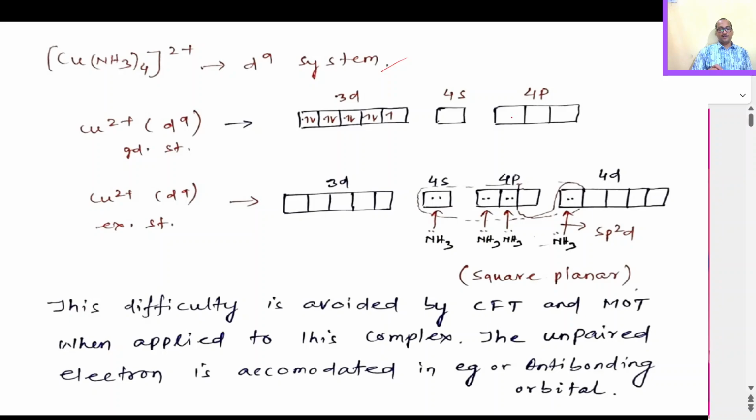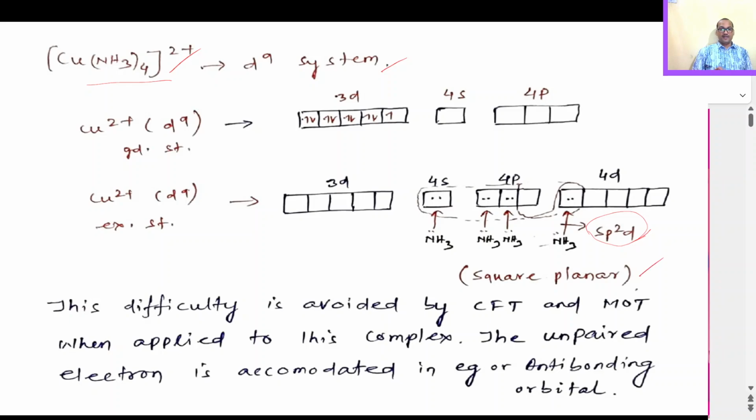One 4s orbital, 3 4p orbitals and another vacant 4d orbital will intermix, giving rise to 4 equivalent sp2d hybrid orbitals. Once these degenerate sp2d hybrid orbitals are formed, we have 4 ammonia ligands in the complex. These ammonia ligands will donate their pair of electrons to the vacant sp2d hybrid orbitals, forming the [Cu(NH3)4]2+ complex, and it will have a square planar geometry.